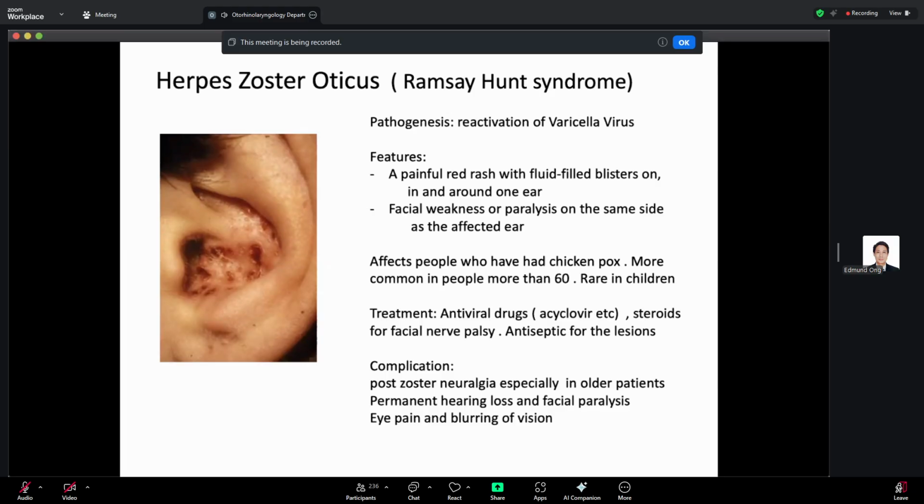However, if there is facial nerve paralysis already, the triad for Ramsay-Hunt syndrome is vesicular lesions, ear pain, and facial nerve paralysis. Then this is already Ramsay-Hunt syndrome. It affects people who have had chickenpox before, and of course, the treatment is antiviral medications. So next slide.